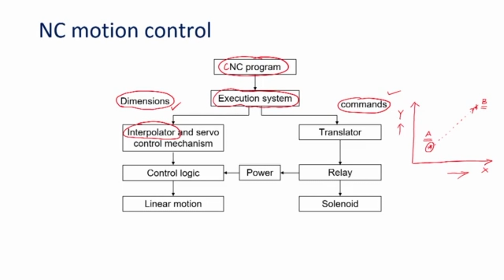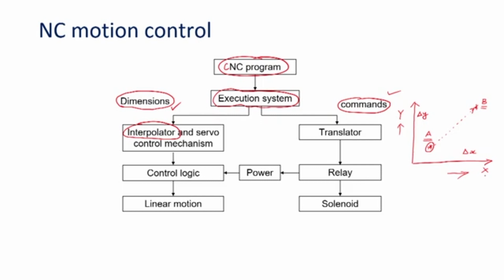Otherwise, if we do not follow this, the interpolator or the machine tool will take the movement from point A along X direction up to this point, that is A dash, and the motor Y will be taking the point A dash to the destination.